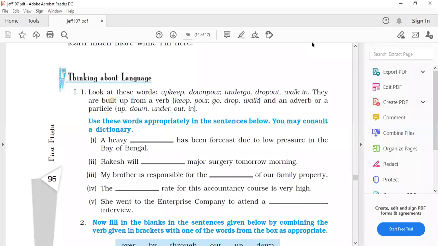You may consult a dictionary. These words are built up from a verb and then some adverb or particle, you can call it a preposition also, that is added along with that word. Clear? Please look at your book and concentrate.